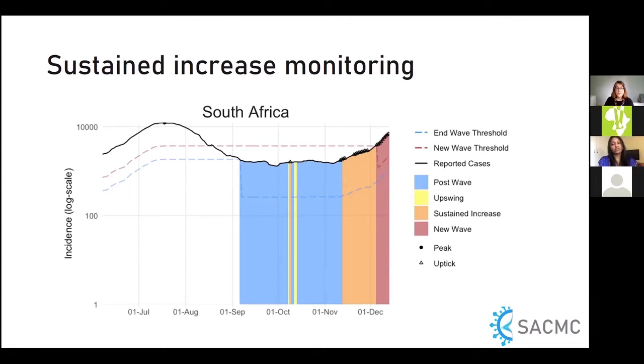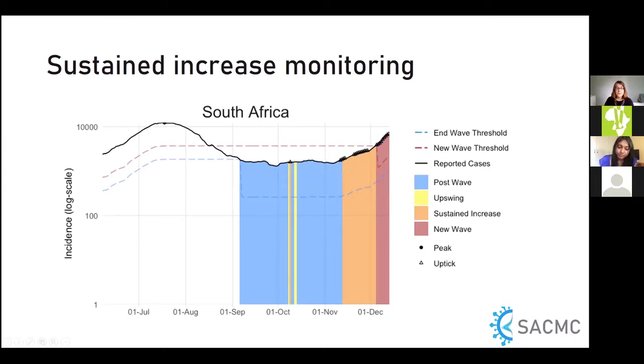And when we have the yellow and the orange upswing and sustained increase, these refer to periods when there are increases that happen consecutively over a period of 5 days, which is how we define our upticks. You can see that from the triangles at the top of the line. It looks a little small in the presentation, but perhaps, Gazina, with your cursor, if it's visible, we can highlight where the triangles are.